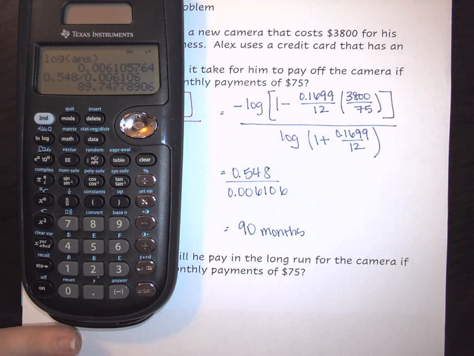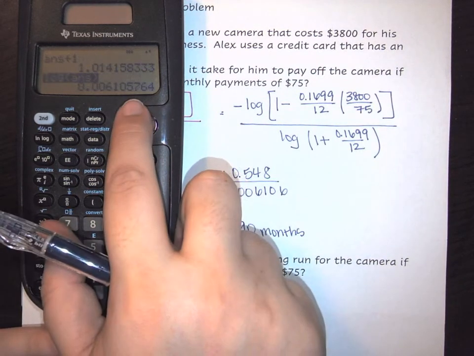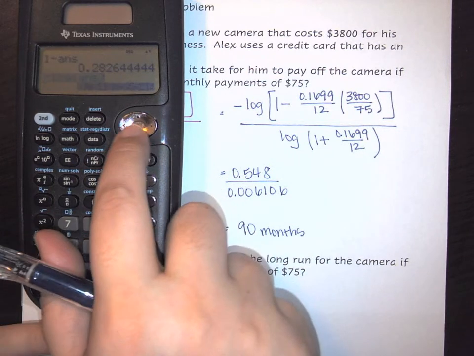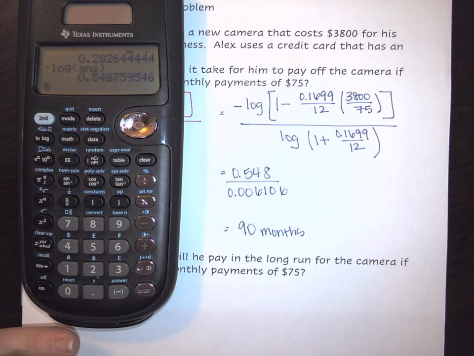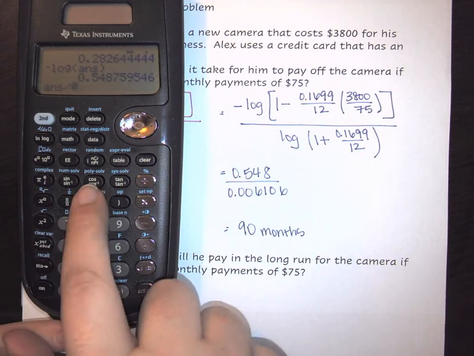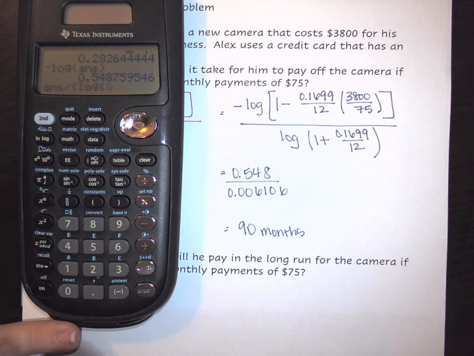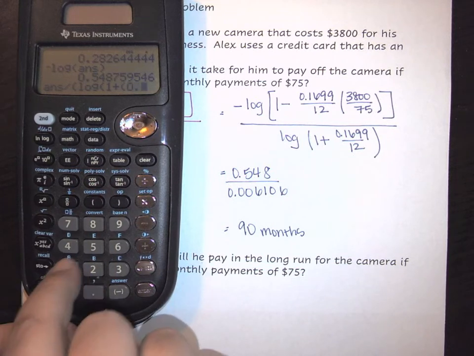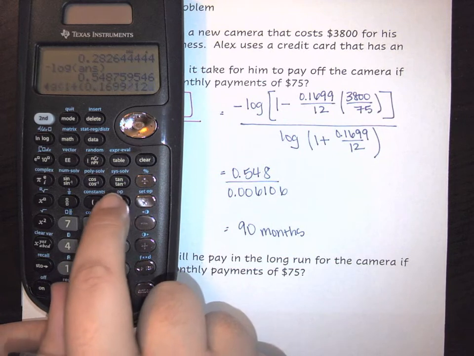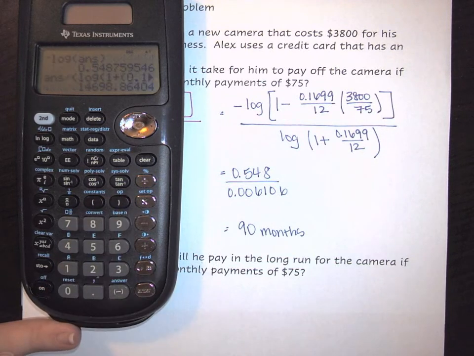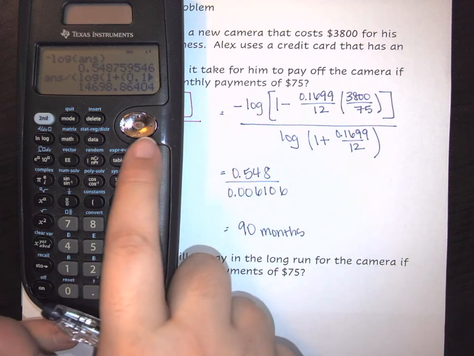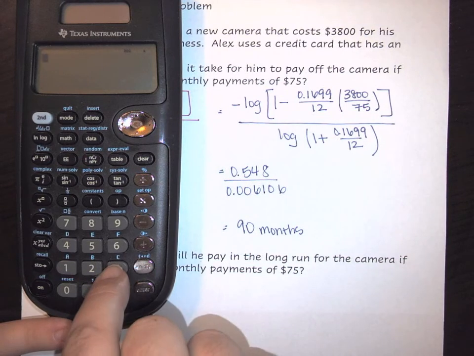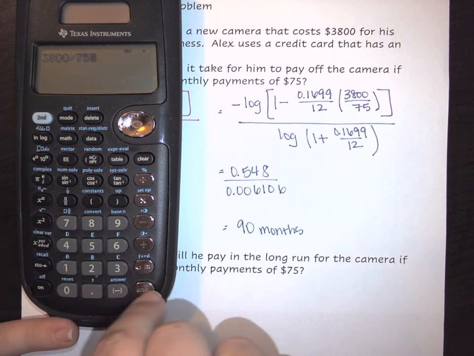Now, if you don't want to calculate both of them separately, you would start with your numerator. Let me clear that. So start with the top. We would have 3,800 divided by 75.